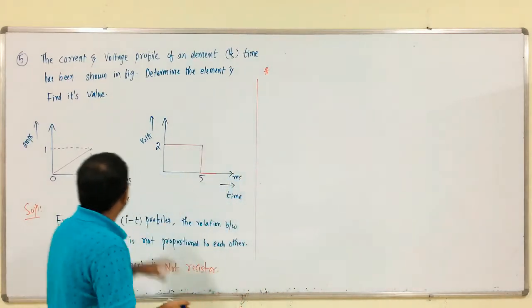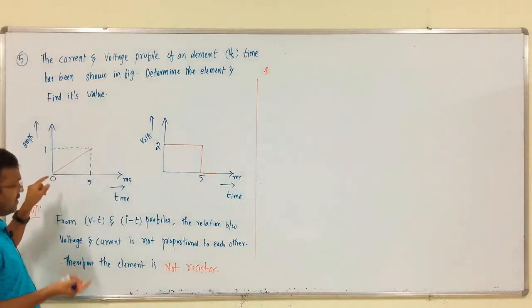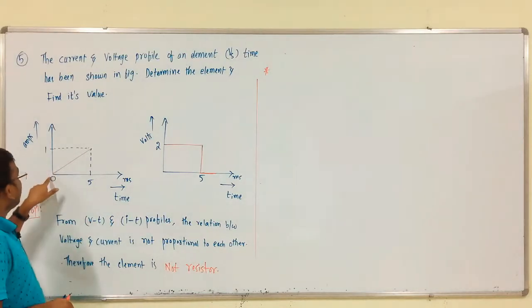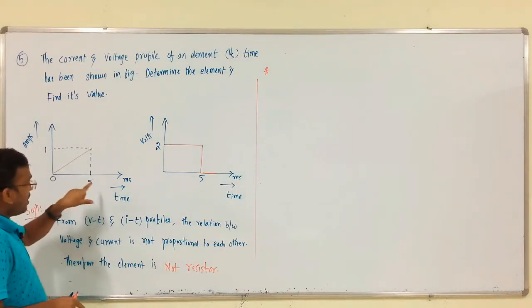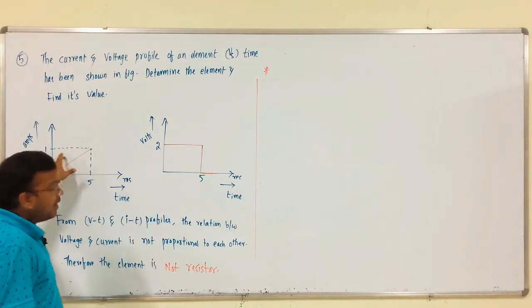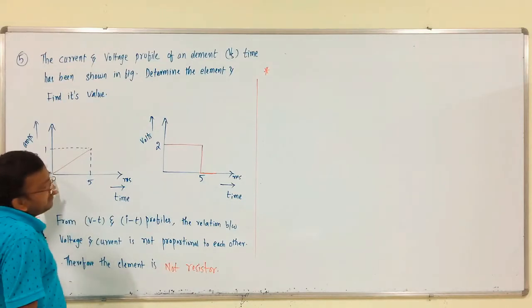With that, see this, at the instant of switching, what is the value of current here? 0. At 5 milliseconds we are having the current of 1 ampere, but at the instant of switching the current is 0, right?